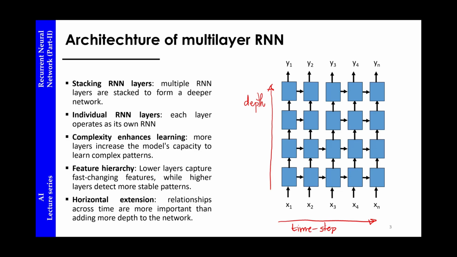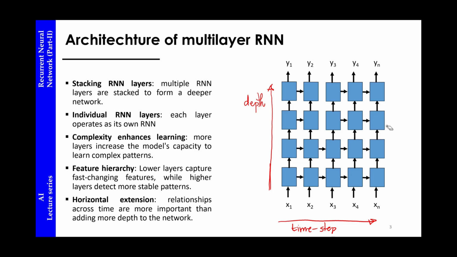The important thing is that when we are extending along the depth, each layer itself is one recurrent neural network that receives the input from the previous layer and delivers the output to the next layer. This one, for example.